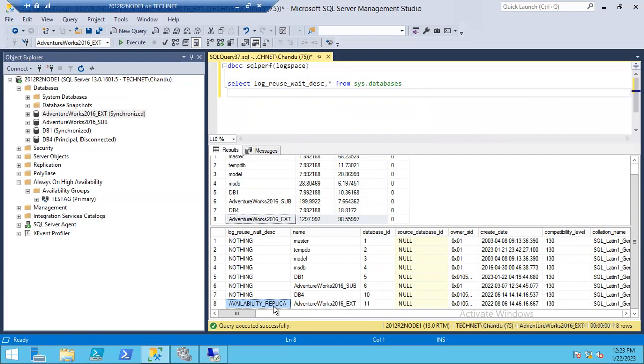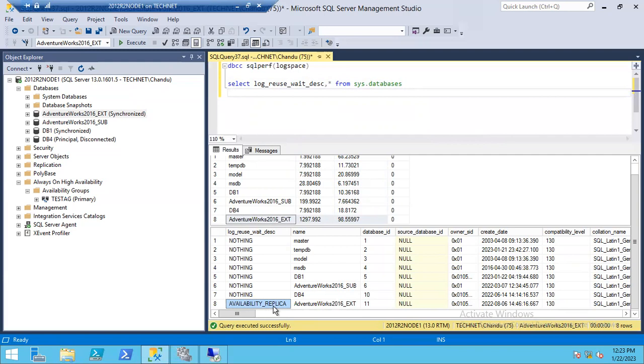Now we have identified that it is waiting for availability replica. So what is availability replica? At a high level, the primary generated some transactions, but the secondary is not able to receive the data.